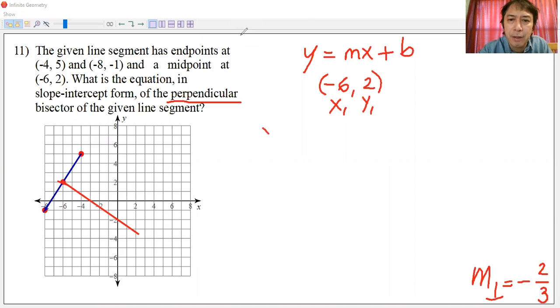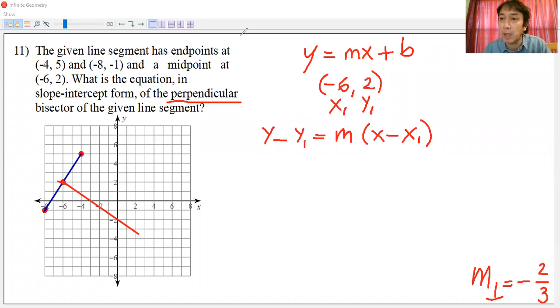That equation is y minus y1 equals m times x minus x1. This m is now the perpendicular slope, the one at the corner, and x1, y1 is the negative 6, 2.